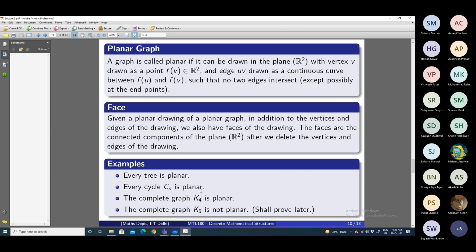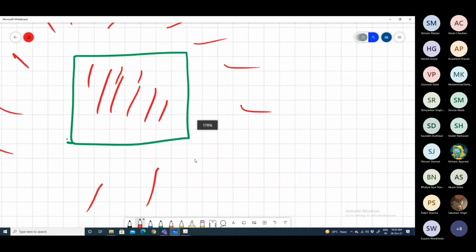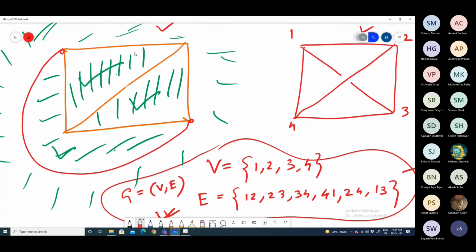Can you tell me how many faces we will have for the graph Cn? Exactly 2: the inside region and the outside region. Now the complete graph K4 is planar. We have already proved it. See this one, this is the complete graph K4, that is planar, and we have seen that there are 4 faces.